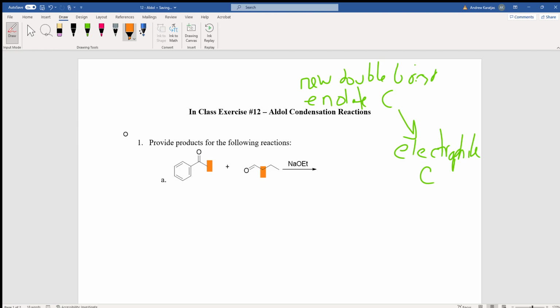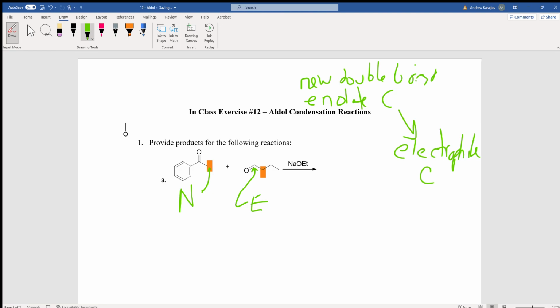And we know that an aldehyde is in general a much better electrophile than a ketone is. And so under that assumption, we can assume that the first compound is our nucleophile with the enolate forming here, and the second compound will be our electrophile with the reaction taking place at this carbon.